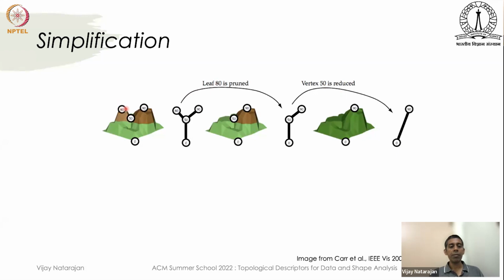I remove the maximum after pairing it with a saddle, so I go from this tree to a simpler tree. The simplification process is leaf pruning followed by vertex reduction, and it helps us remove noise in the data.